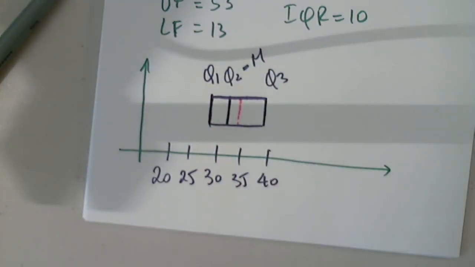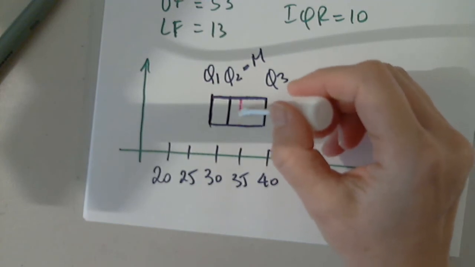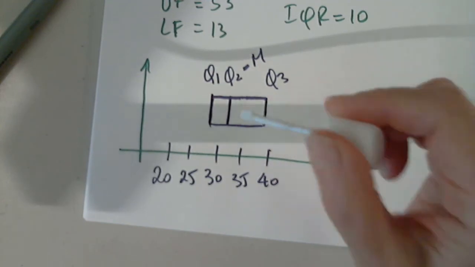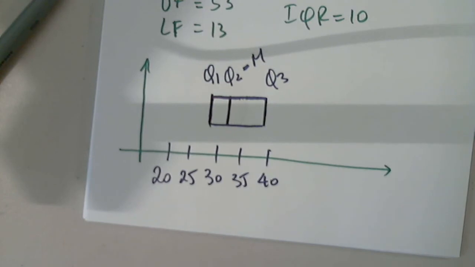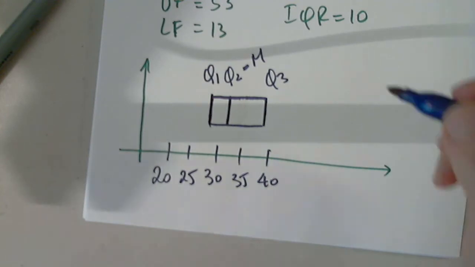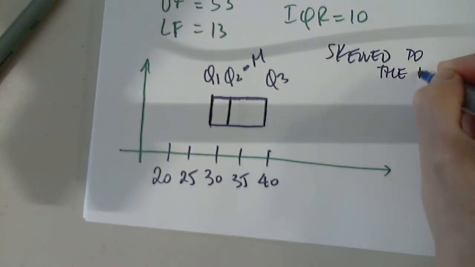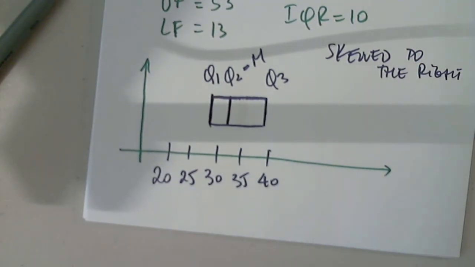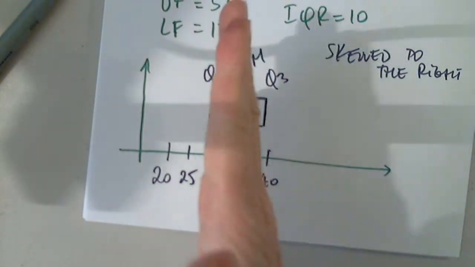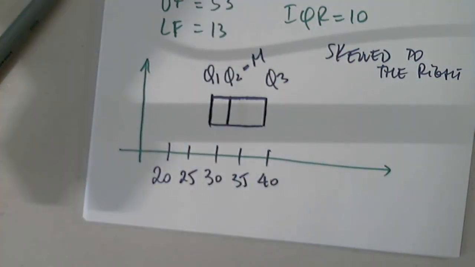What type of distribution is this? Is it symmetric? Is it skewed? And if it's skewed, very good, but skewed where? Yes, it appears to be skewed to the right, because the mean was pulled, but the median stayed. Good, this is not done.